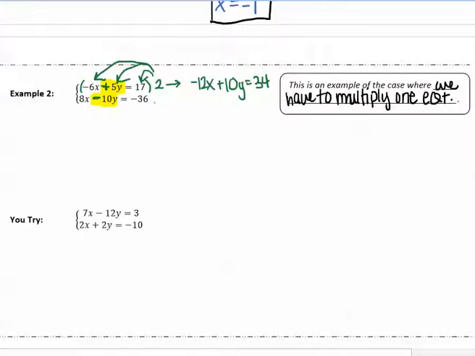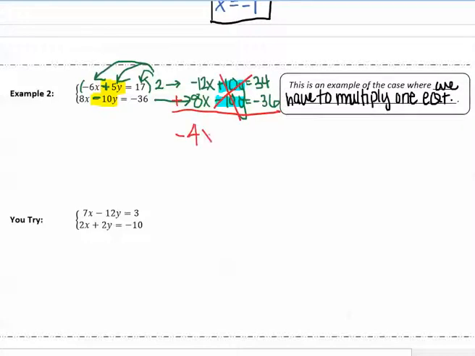Now I don't need to change the bottom one at all, so I'm just going to copy it right over here. So I have 8x minus 10y is equal to negative 36. And now I have the thing I was looking for, opposite signed terms that will cancel. So now I'm going to go and add my equations up. They cancel out.